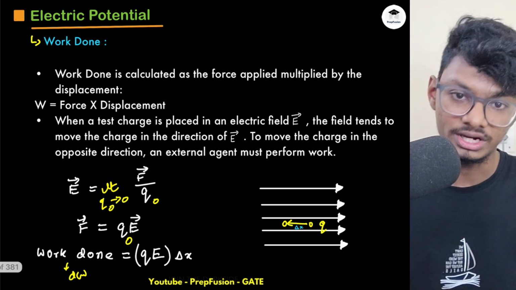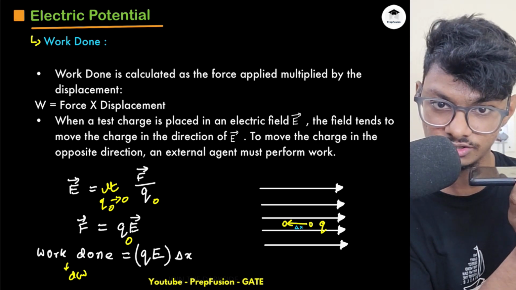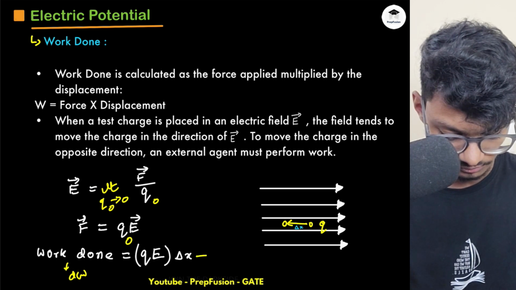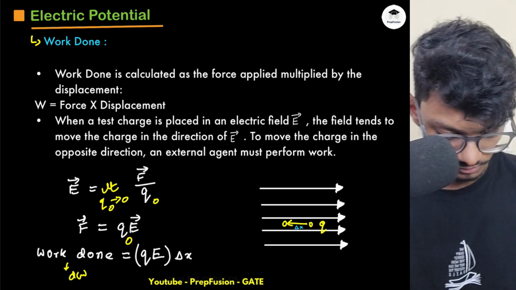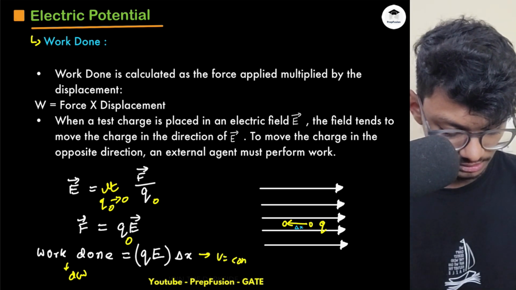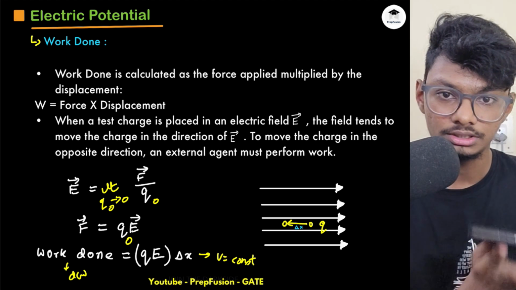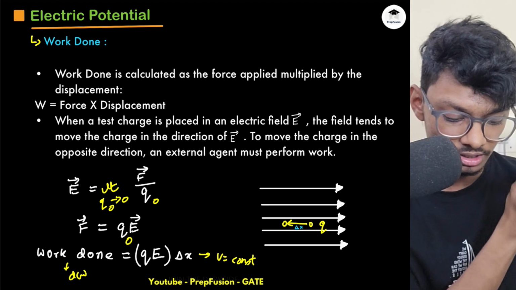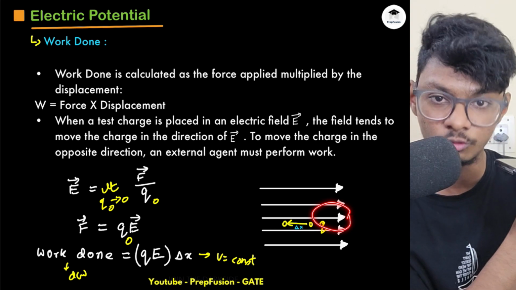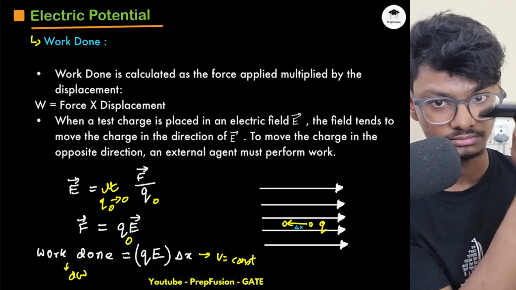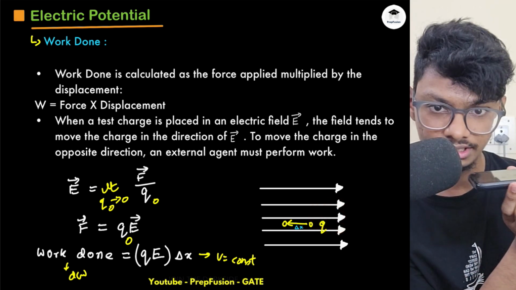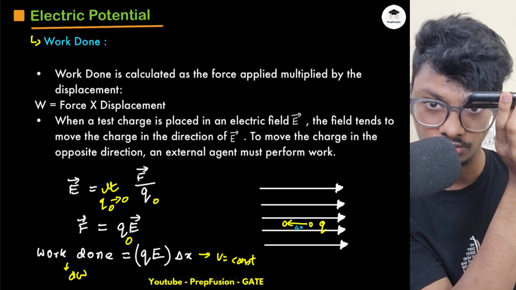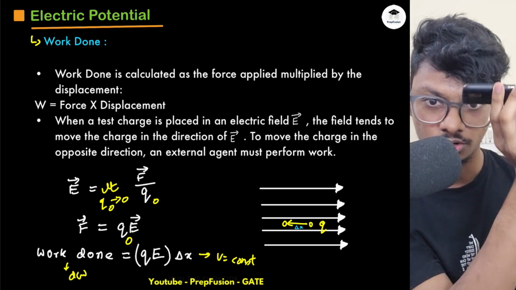Because what had happened is this: this is actually moving at constant speed. Velocity is constant. As velocity is constant, hence the force is also constant, which will be equal to the force due to the external field, but in the opposite direction. So currently this speed is constant. What is the force? Force will be mg by my hand, because this is not accelerating.